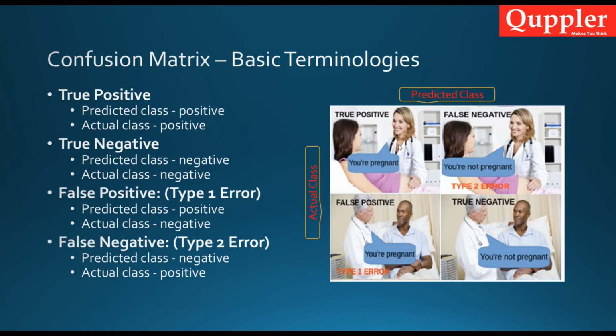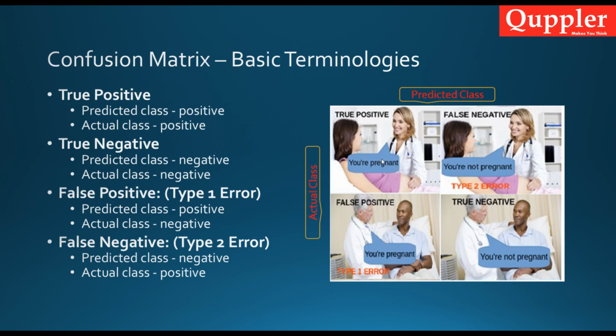We define true positive as when the predicted value is positive and the actual class is also positive.